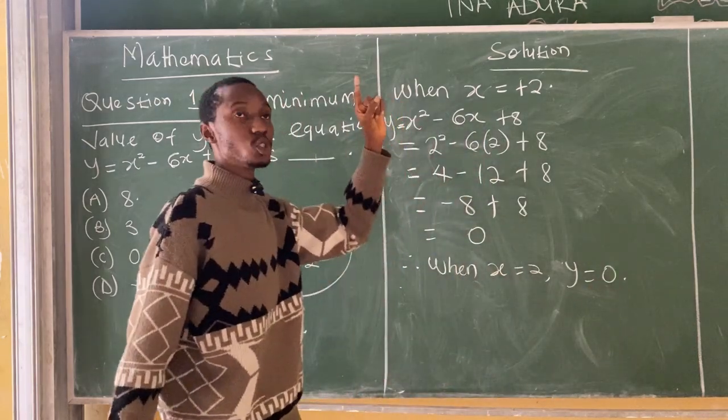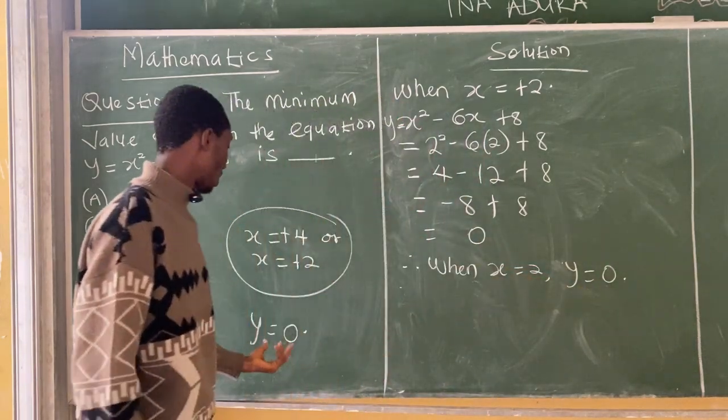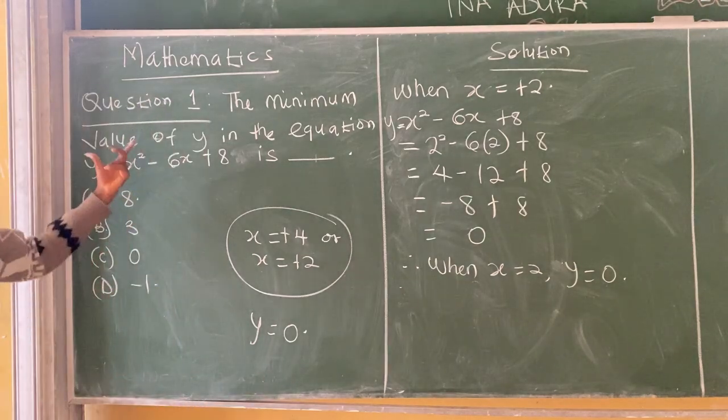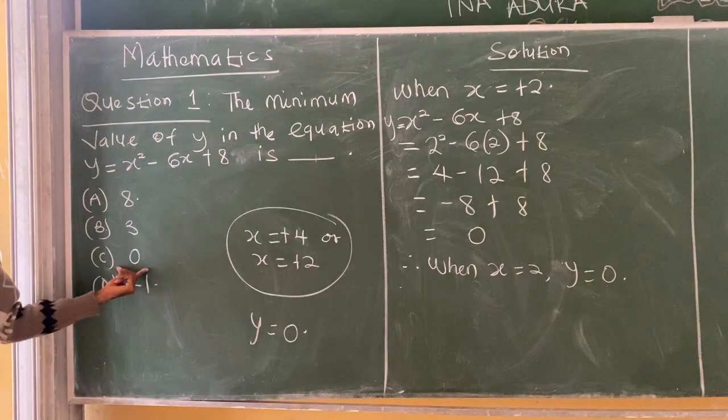So for the first term we checked, it gave us 0. And the second term we checked, it gave us 0. It therefore means the final answer for y is what? 0.